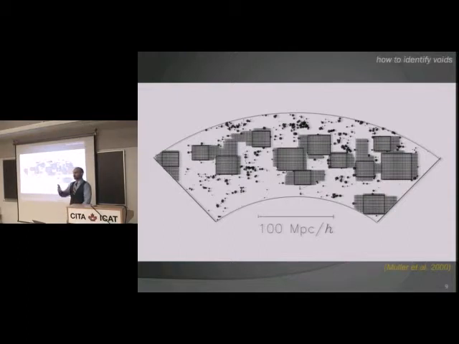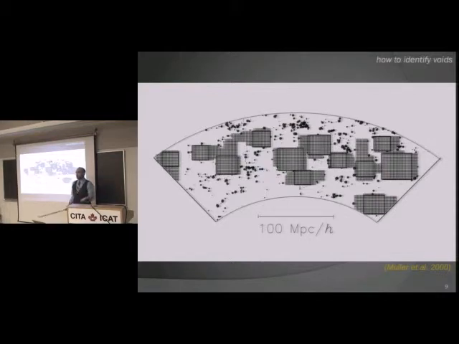The first void finding algorithms were based on very thin slices of redshift surveys, where, thinly sliced, you can consider the survey as two-dimensional. And you simply pixelize your galaxy distribution, and for each pixel you ask, do I have a galaxy or do I not have a galaxy?